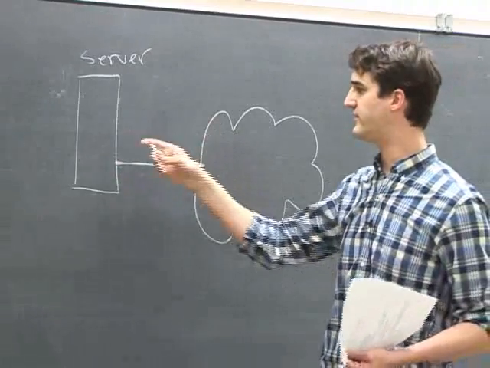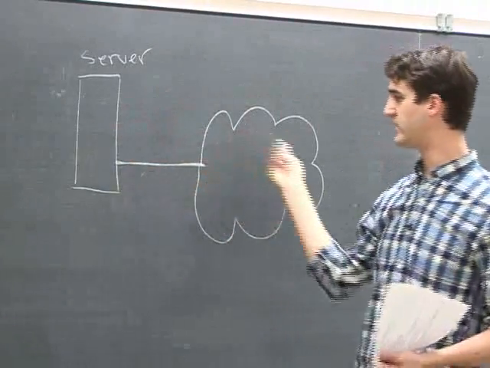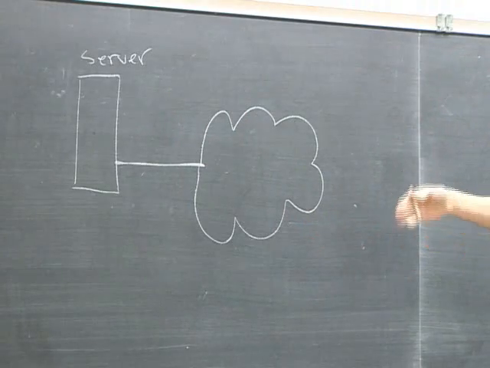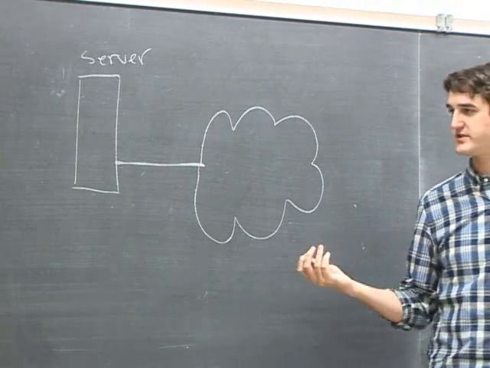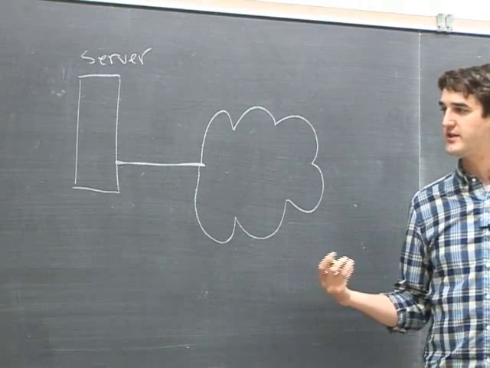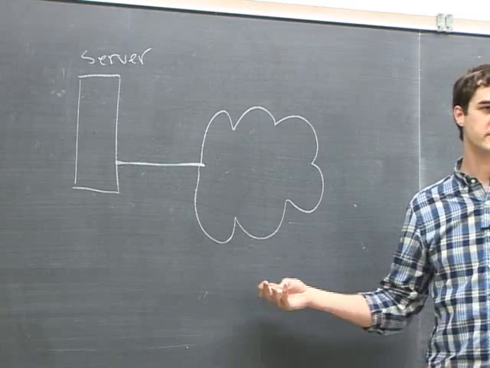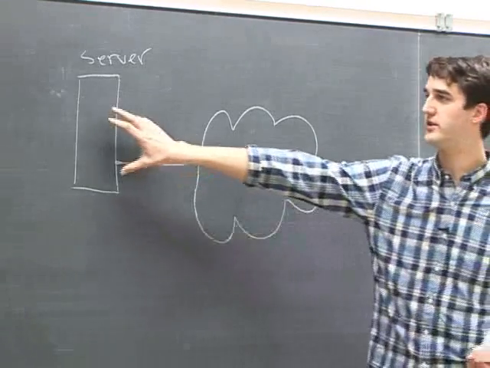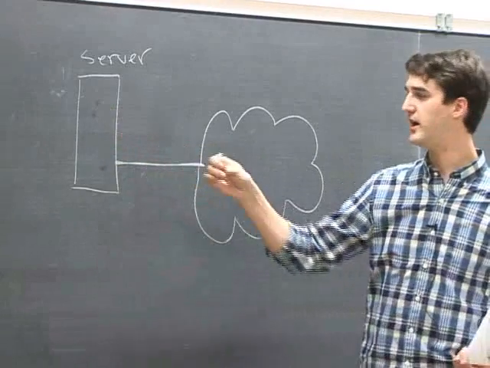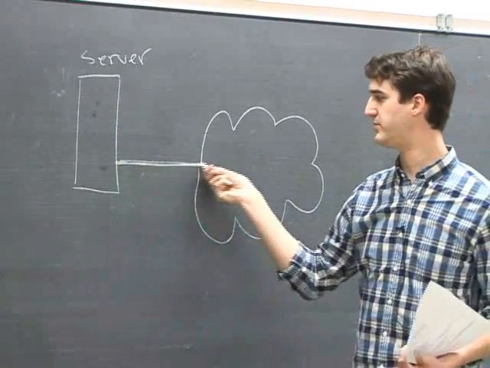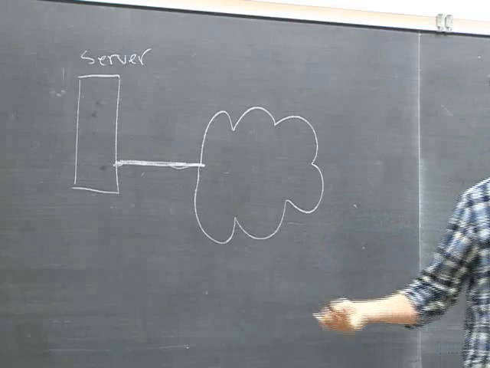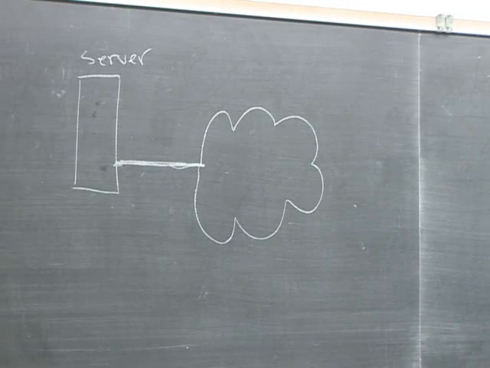Now we can share files from this server. This server can distribute content to anyone on the internet who can reach it. But this doesn't necessarily work that well at large scale, because this server is the limitation. And also this pipe here, however much bandwidth we have, could also become a bottleneck.